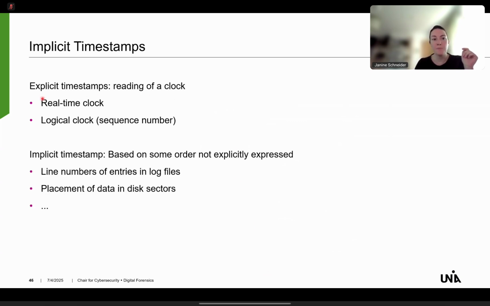There are explicit timestamps, when you just read a clock, when you just read a timestamp, but there are also implicit timestamps, where you get an idea of the temporal ordering of events based on, for example, line numbers of entries in log files or the placement of data somewhere on the disk. The placement of data in disk sectors, when analyzed, is called digital stratigraphy.